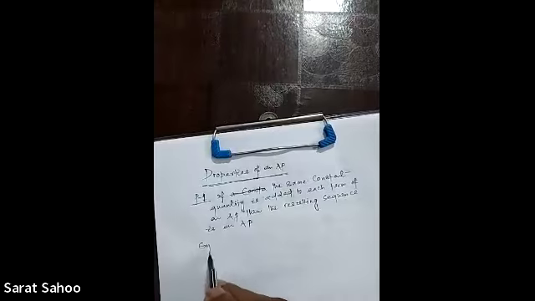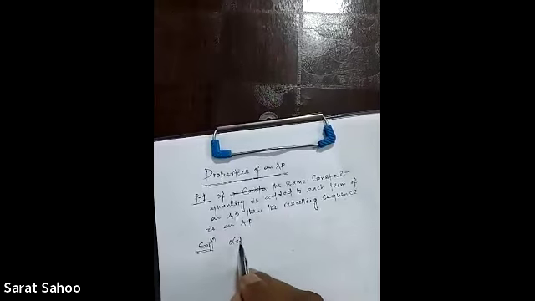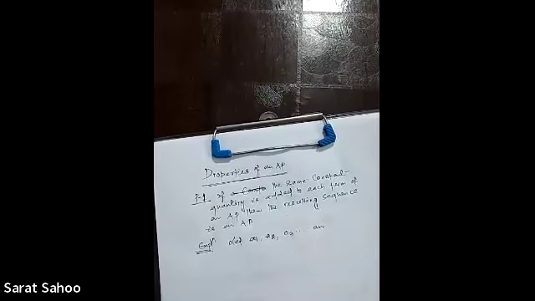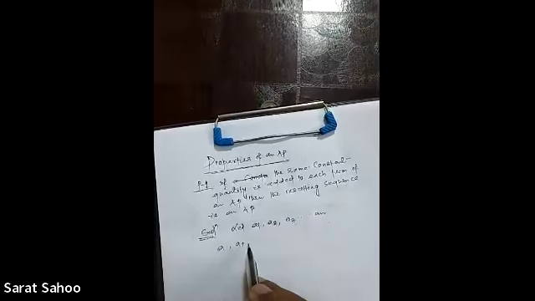Come to the explanation. Let A1, A2, A3 up to AN be an AP. That means A2 minus A1 is equal to A3 minus A2 is equal to AN minus AN minus 1, or you may write it as A, A plus D, A plus 2D up to A plus N minus 1 into D. This one will be better.